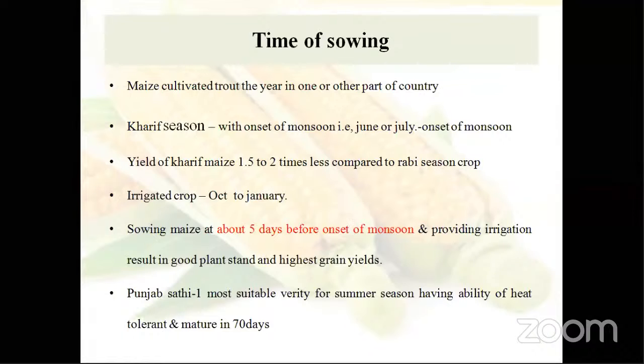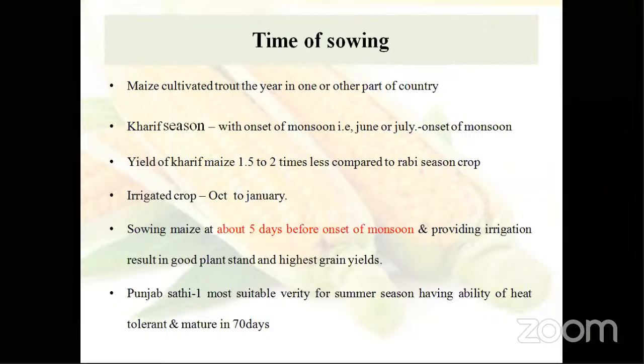Almost 70% of your maize comes under rainfed condition, and it entirely depends on the onset of monsoon. If your monsoon is delayed, your sowing of the crop is delayed. So any rainfed crop's sowing time is based on onset of monsoon. In normal years in India, monsoon starts around 1st June in Kerala, and it will enter throughout India in 30 days.